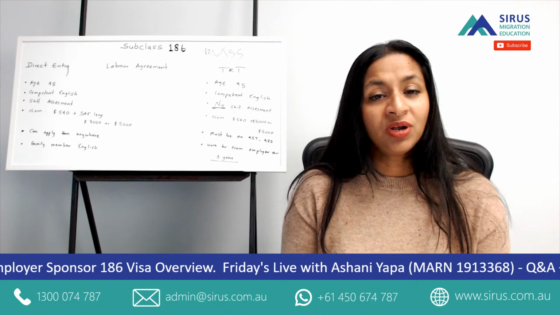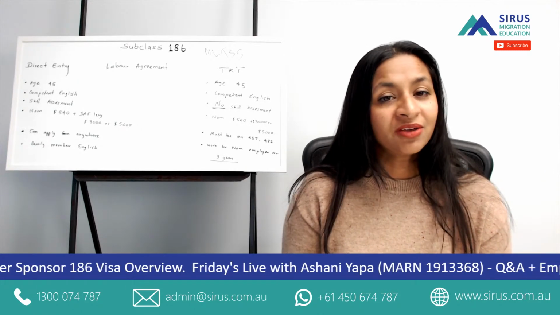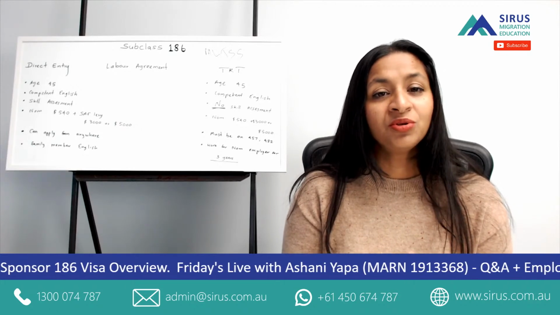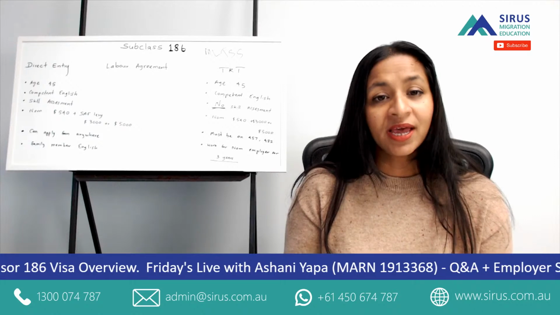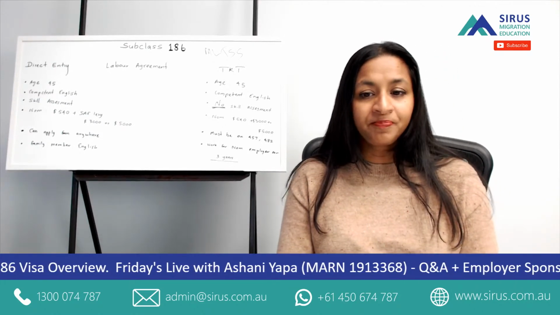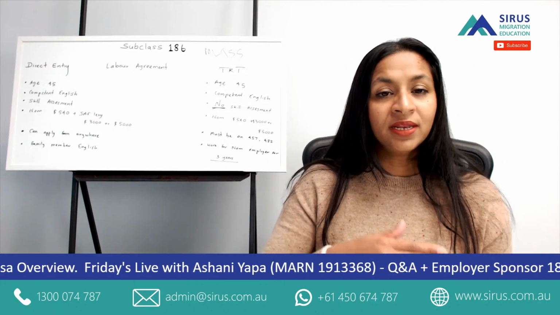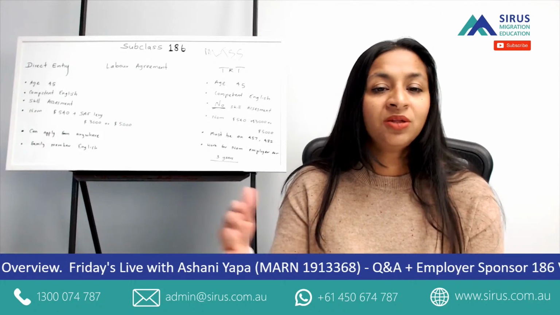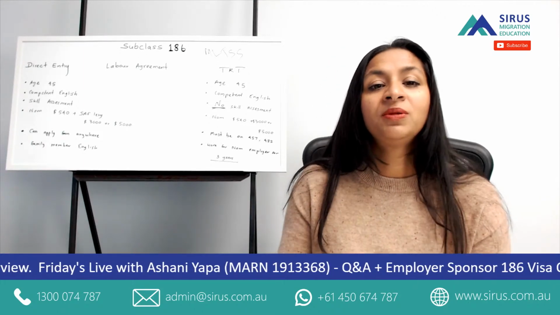But if not, if you are on your 482 visa working for an employer, as of now you need to work for 3 years to be eligible for subclass 186, and those 3 years have to be with the same nominating employer. So what I mean is, if you worked for one employer and in the middle you changed to a different employer, your 3 years starts from the beginning.